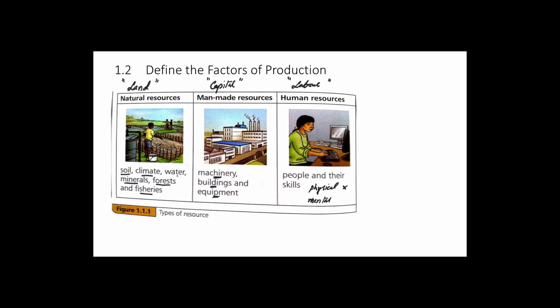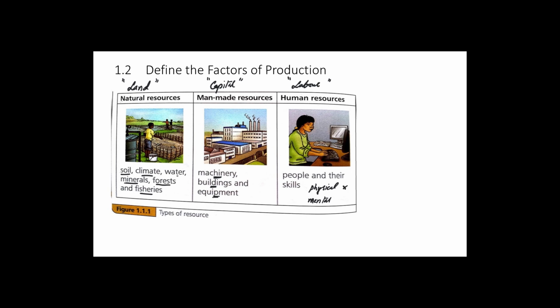Okay, when we say labor, that doesn't mean just the person who is in the factory on the floor. We don't mean that. It can be an accountant also. So their mental ability comes into play as well.